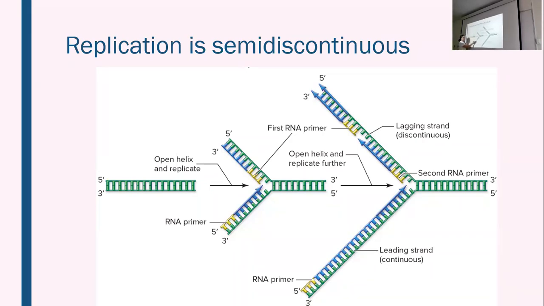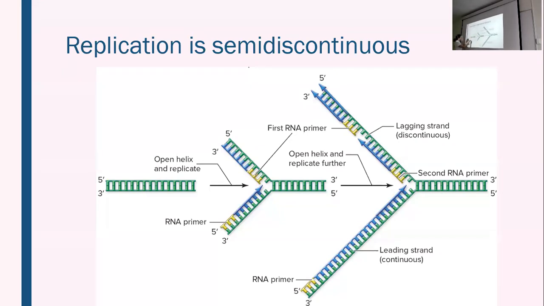Down here on the leading strand, this was 3', so when I open it up, the matching strand is going to be 5'. So it's going to be turned the other direction, which means on the leading strand, I just add a primer here, stick my polymerase on, and it just starts making a copy. And as I open the DNA, it just keeps going. So it's continuous. Just as the DNA opens, it's going to keep copying and copying and copying until we're out of DNA to copy.